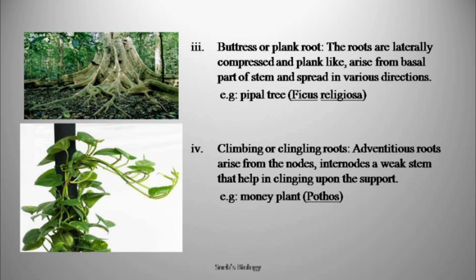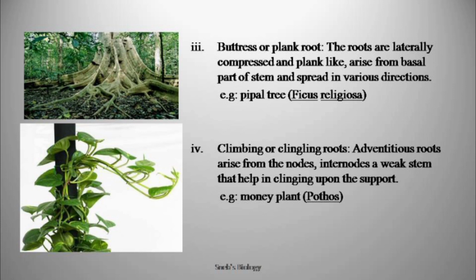Climbing root. The climbing roots would help the plant to climb. So here the stem is not strong enough to hold the plant upright. So there would be some structure required for the plant to climb up the support. For example, money plant.